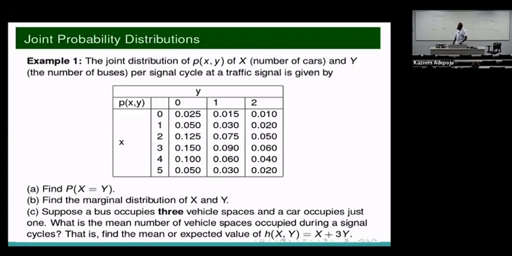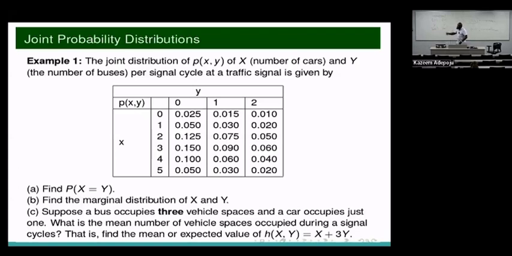The levels of y here are 0, 1, 2, and the levels of x are 0 to 5. The values you see, 0.025 all the way to 0.020, are the possible joint probabilities when you consider a level in x and a level in y.